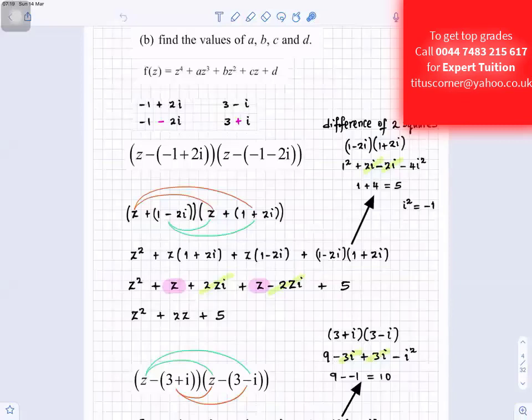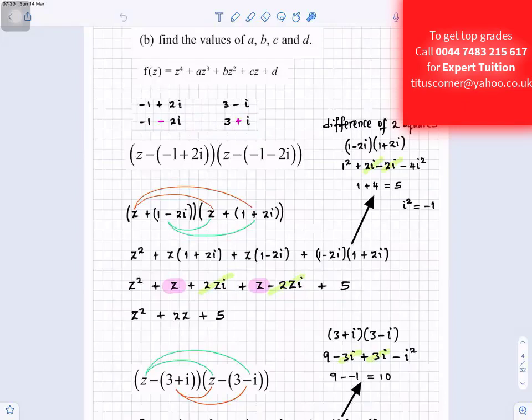For part B, it says find the values of a, b, c, and d. So we've got f(z) equal to that, and we've got those 4 roots. What we want to do now is have z minus the first root times z minus that second root. We pair those together and multiply them out.